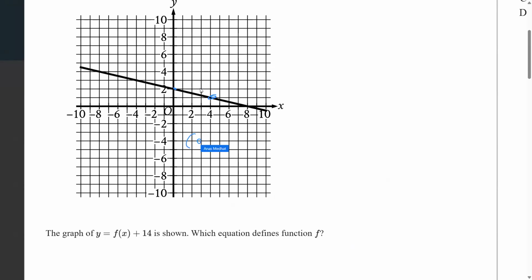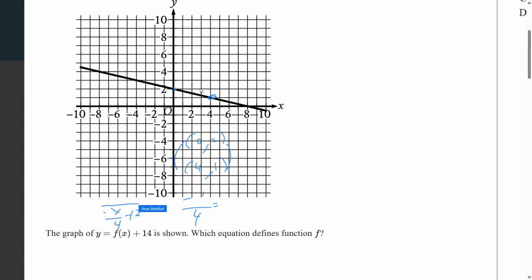X is 0, y is 2, x is 4, y is 1. 1 minus 2 over 4 minus 0, so minus 1 over 4, and the y-intercept is 2. So this is minus x over 4 plus 2.